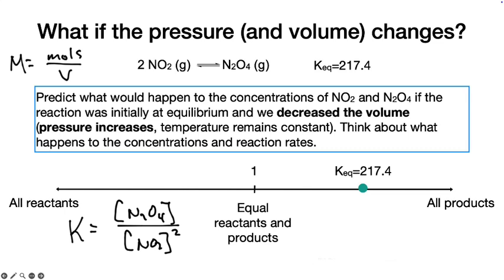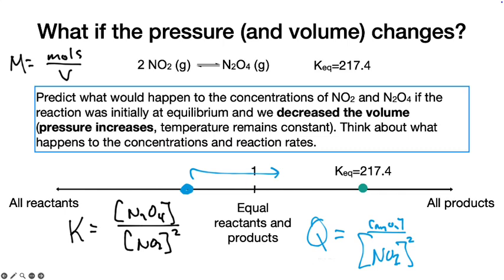It's going to increase. And if the denominator gets bigger, I'm now looking at a Q that is significantly smaller. So what has to happen? I need to run the forward reaction.